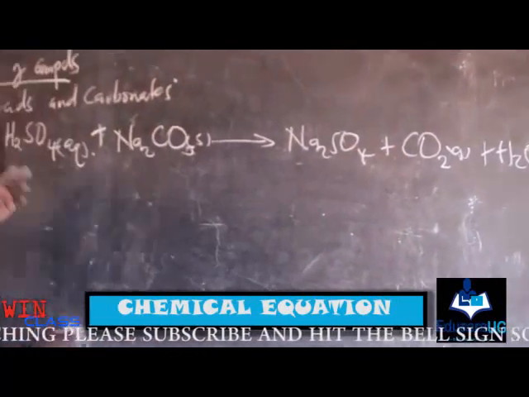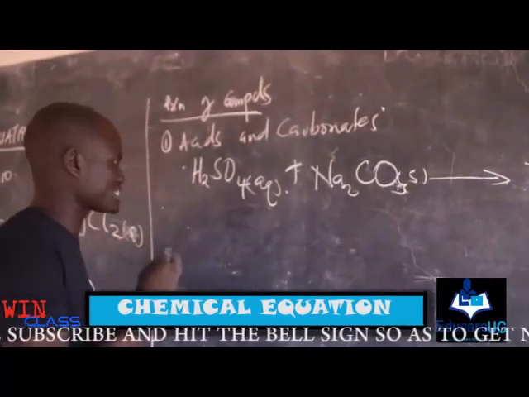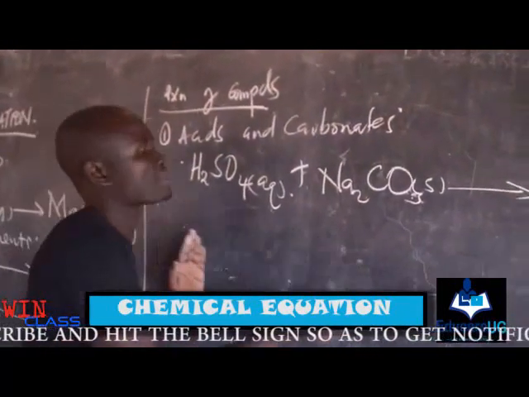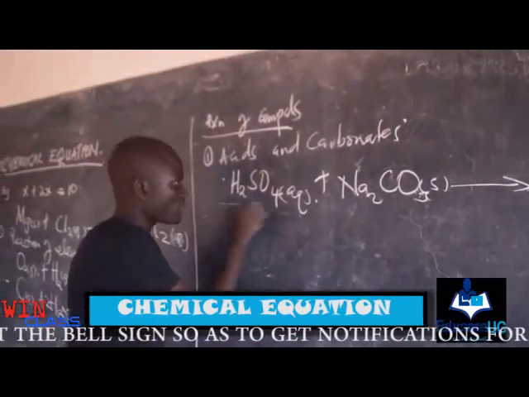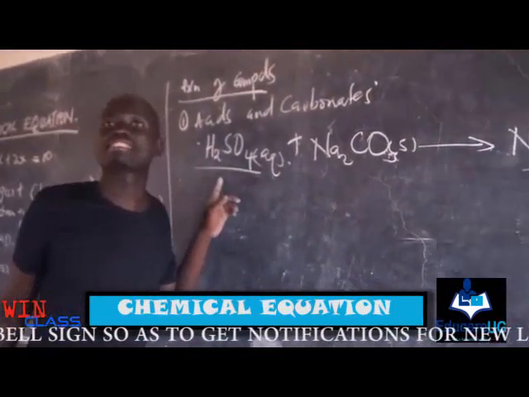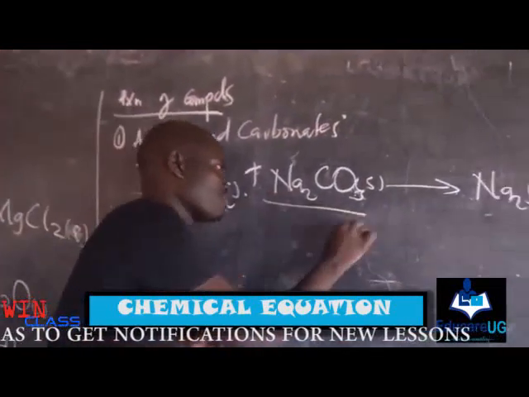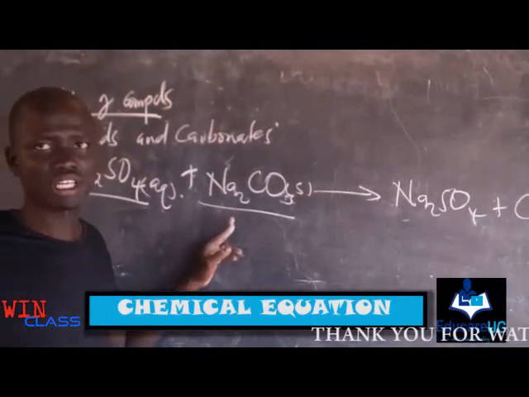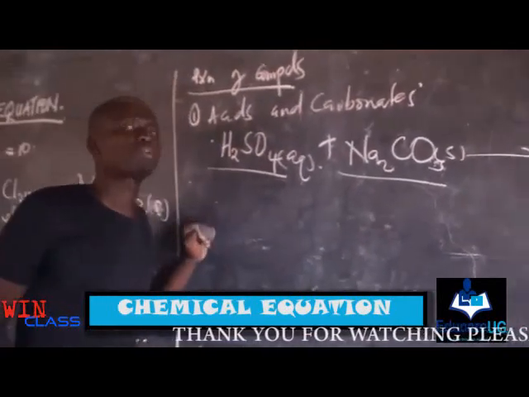For a layman's understanding, how do we construct a good chemical equation? Before a student knows that this is the formula of sulfuric acid and this is the formula of sodium carbonate, how is he or she able to come up with such?